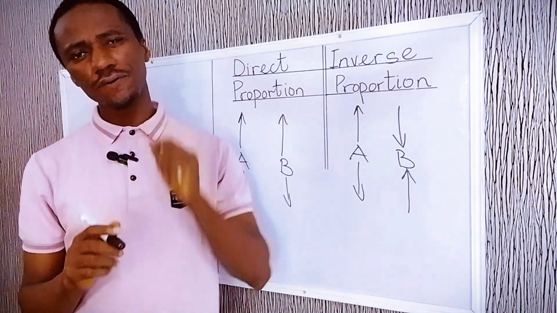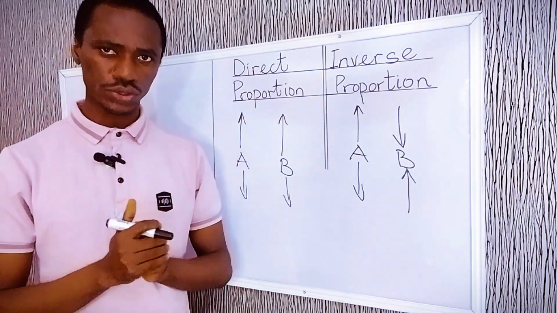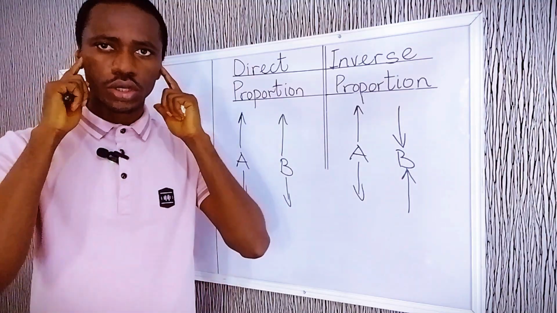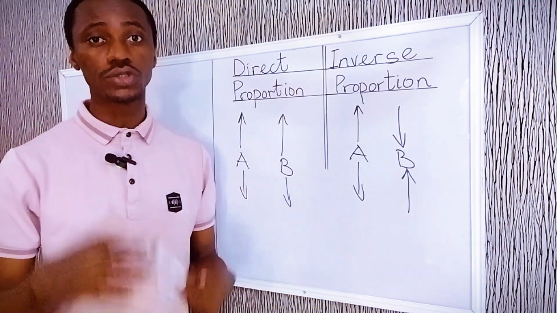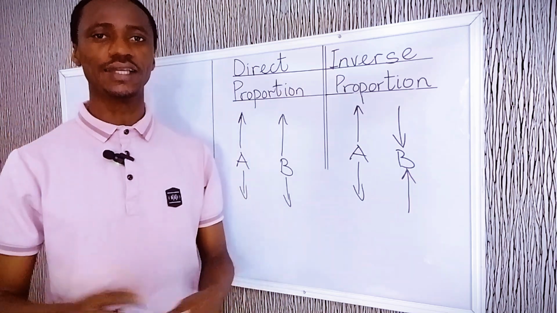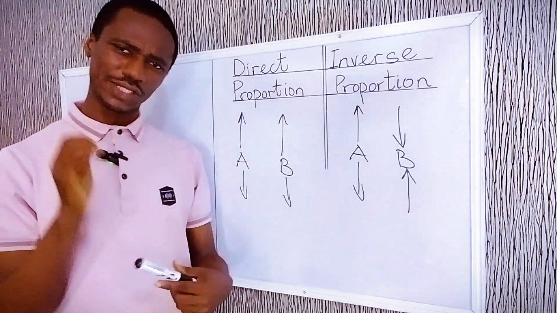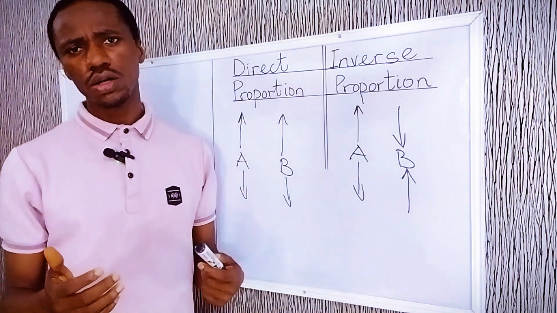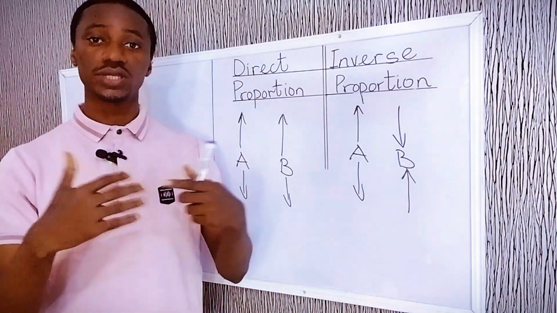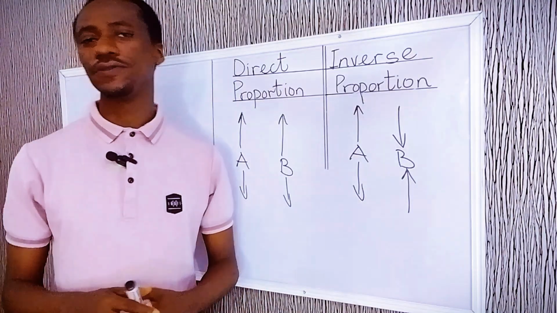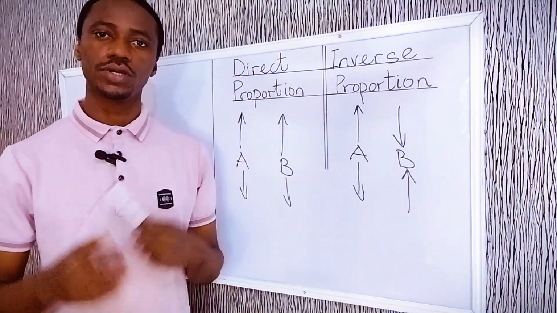So this is the first thing to understand in your question. Just using your common sense, by the time you read the question, you have to look at it and check: is this a direct proportion or an inverse proportion? Once you're able to understand that, then you can follow the strategy I'm going to show you now.